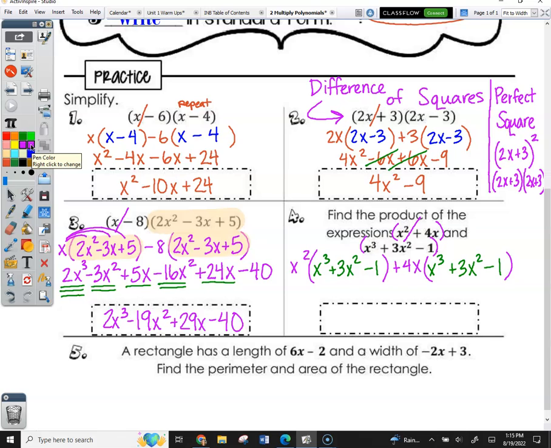You're just going to add the exponents, right? Y'all with me?